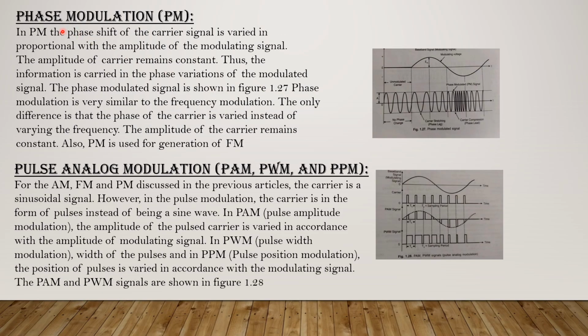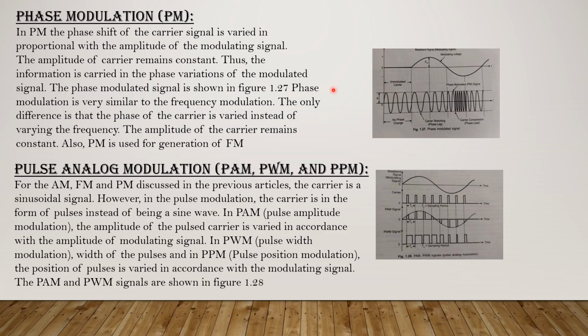After that, we are going to elaborate the topic of phase modulation, PM for short. In PM, the phase shift of the carrier signal is varied in proportion with the amplitude of the modulating signal. The amplitude of the carrier remains constant, thus the information is carried in the phase variations of the modulated signal. The phase modulated signal is shown in the figure.